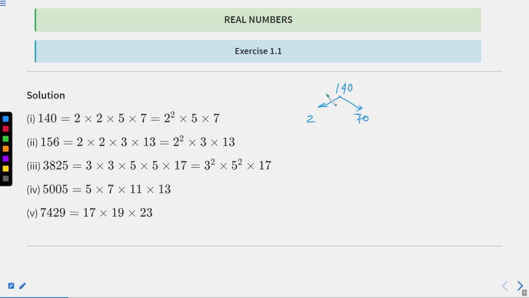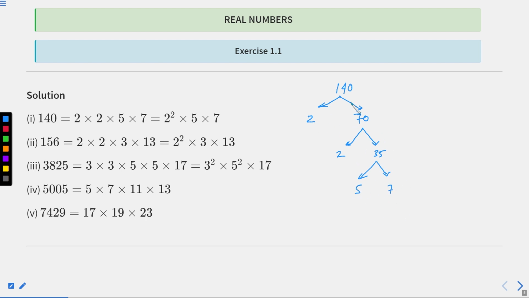The prime divisors of 70 are 2 and 35, and the divisors of 35 are 5 and 7.